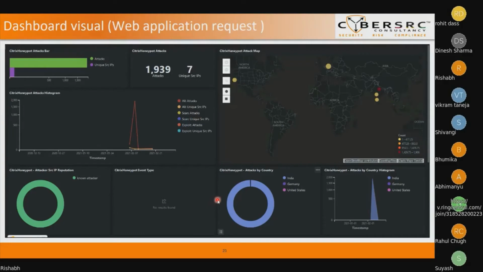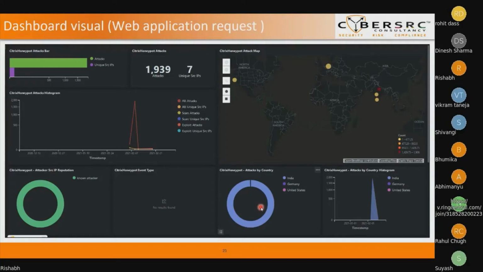We can see that 1900 attacks were registered in 10 minutes with 7 unique IPs from all across the world, with the majority of attacks coming from India. The majority of the attacks were on the misconfigured components in the web application which we have set up.